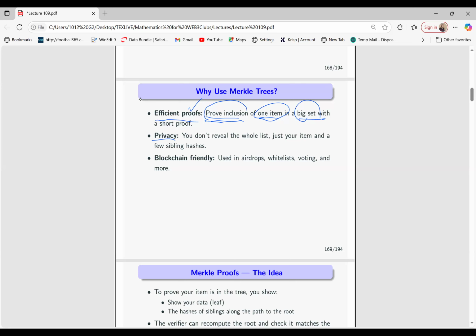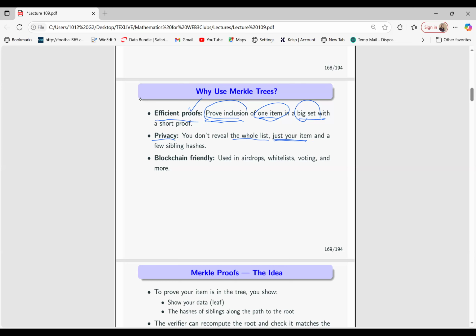They also come in because of privacy, what you've just talked about, because we don't want to reveal the entire set or the entire list. We only want to prove that an item is inside that list. That is the only thing we want to prove.